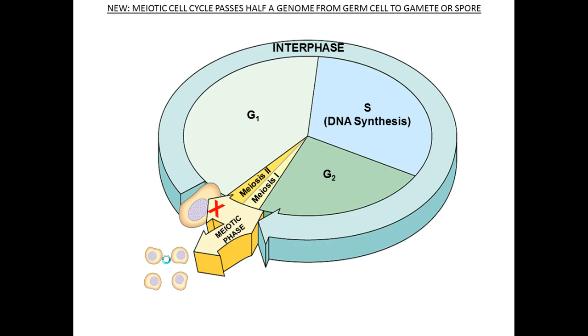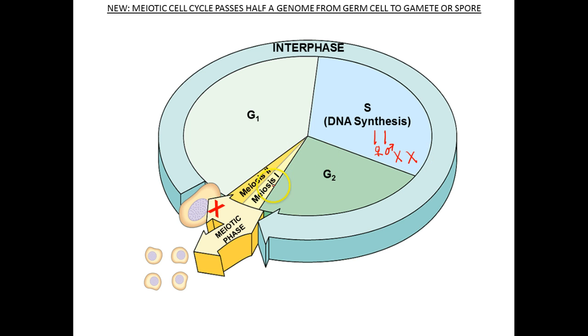Now, the cell cycle of a meiotic cell, again, this is happening in a germ cell in the ovary or testes to form a gamete. So it too will go through G1 and S phase, where DNA is copied. And remember, one chromosome is from the mother, and one chromosome you have from the father. So when this replicates, you'll have a homologous pair.